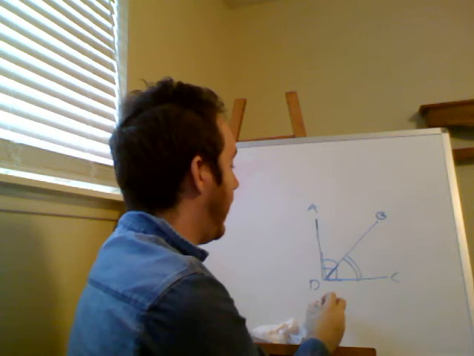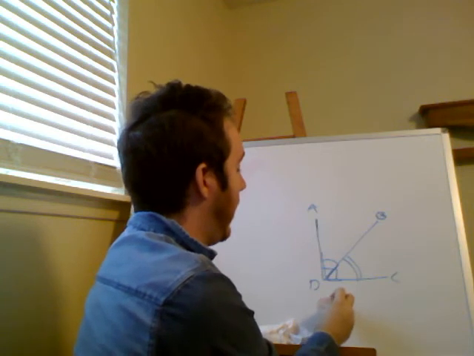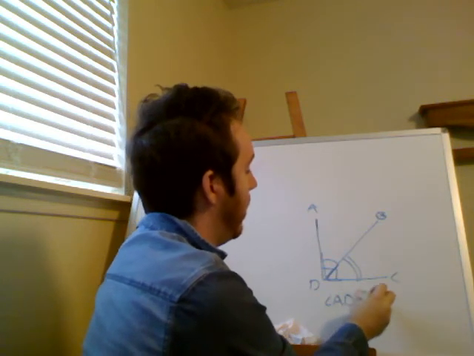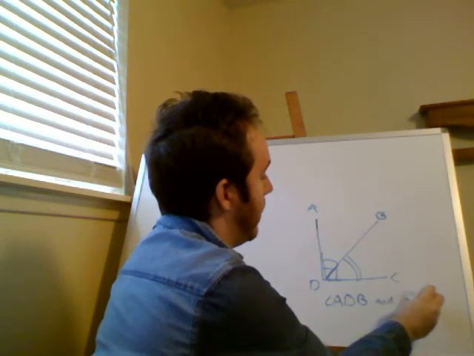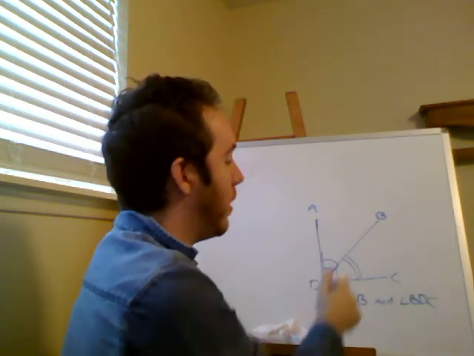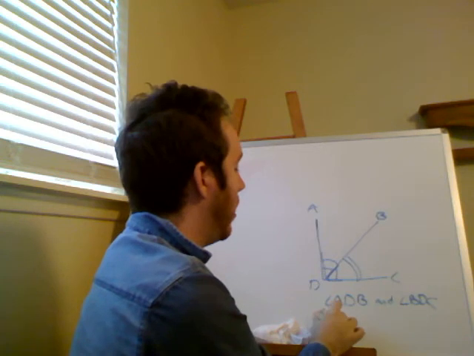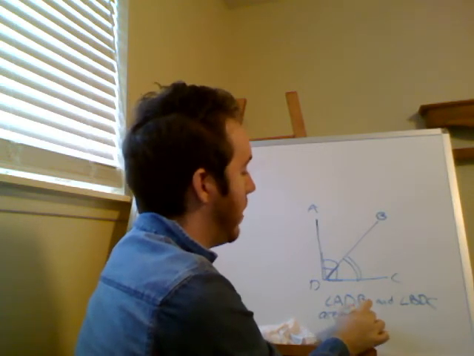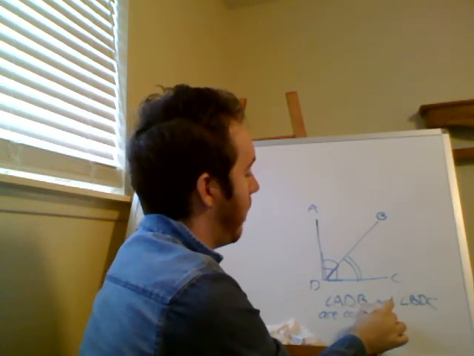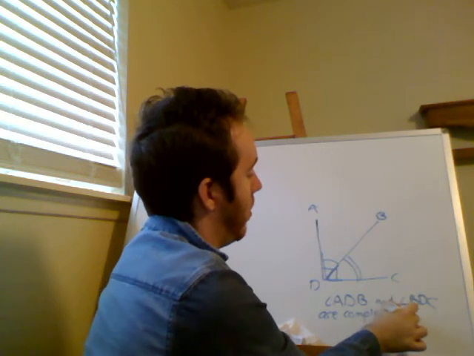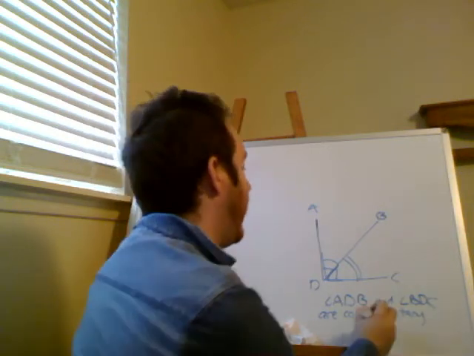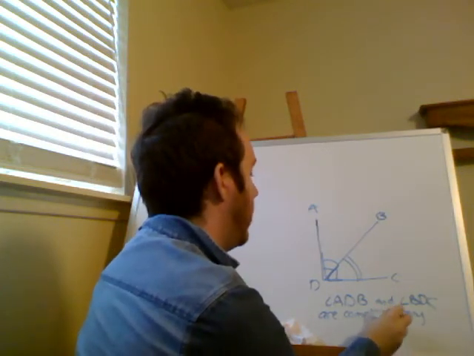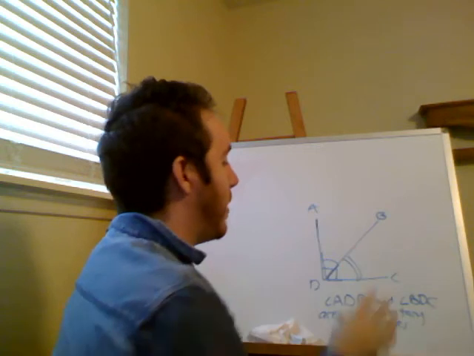And we can say that angle ADB and angle BDC, these two smaller parts, are complementary. Okay, they are complementary angles.